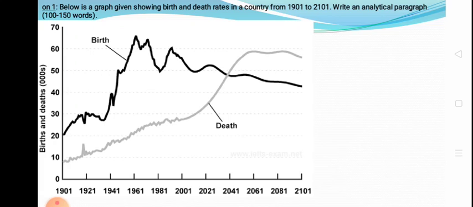Below is a graph showing birth and death rates in a country from 1901 to 2101. Write an analytical paragraph in about 100 to 150 words.